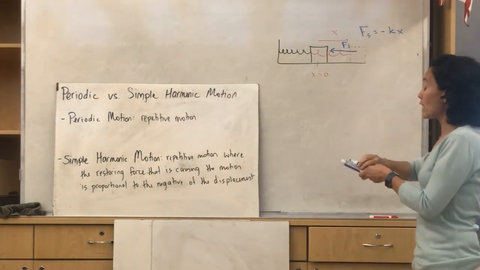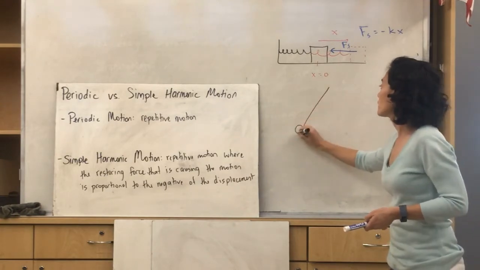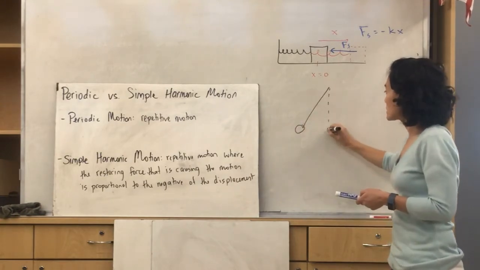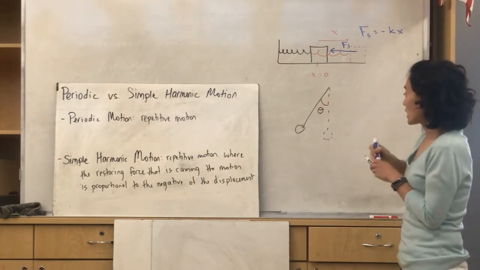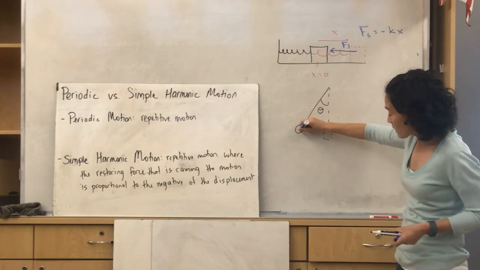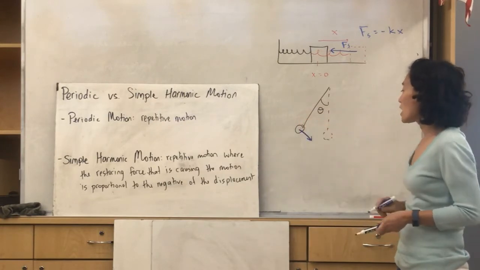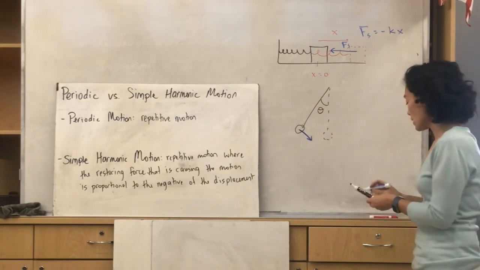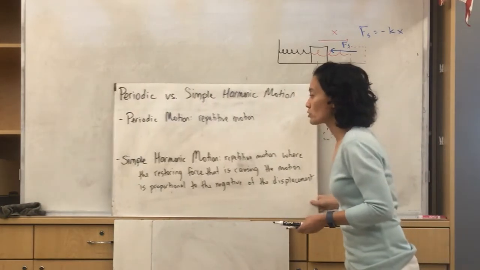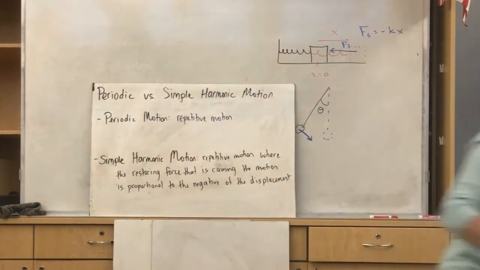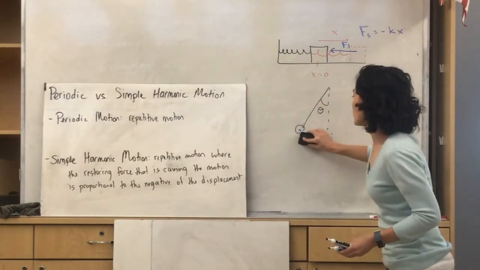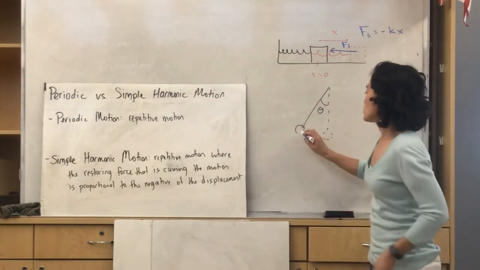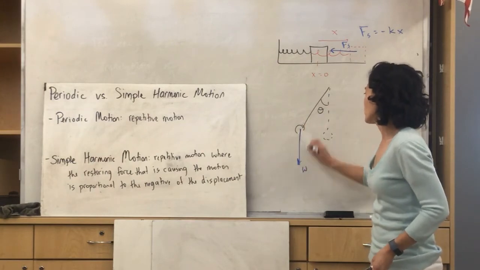Okay? And another case is a pendulum. In this case, it's moving a particular angle theta, and there is this component of gravity that is pulling it down. It's easier to see the component of gravity if I were to draw my weight vector.